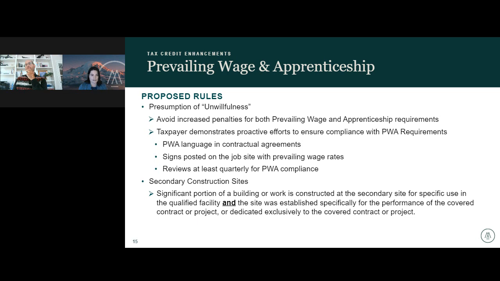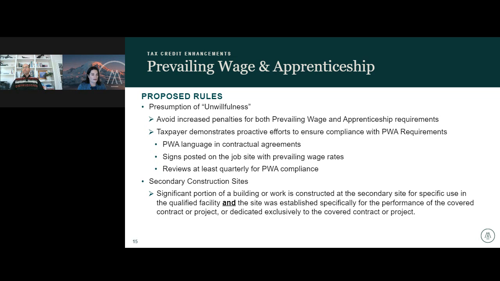It's a facts and circumstances test, but 3 of the significant facts or circumstances that you could meet are including it in your contractual agreements, posting signs on the job site defining the prevailing wage rates, apprenticeship hours requirements, and apprenticeship ratio requirements, and then reviewing at least quarterly, if not more frequently, for PWA compliance. So again, they're really trying to encourage that proactive compliance and monitoring piece, by the possibility of waiver or protection from penalties or enhanced penalties.